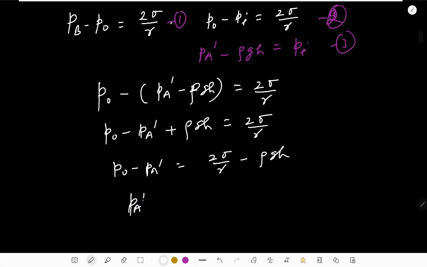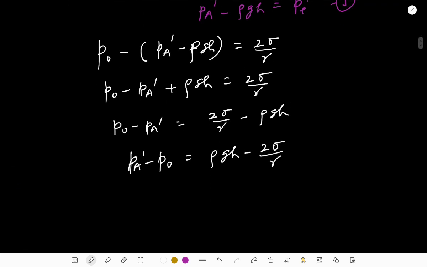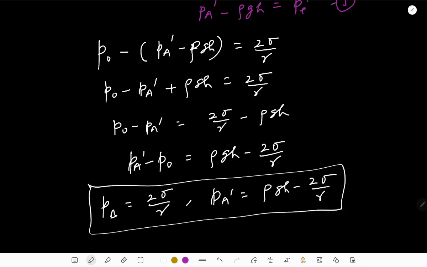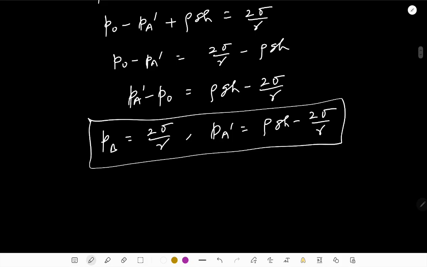That means PA dash minus PO will become, with the sign changed, rho GH minus 2 sigma by R. If I take the reference level as the pressure outside, with respect to the pressure outside, I can write PB equal to 2 sigma by R and PA dash equal to rho GH minus 2 sigma by R. And this is my final take as far as pressures are concerned.